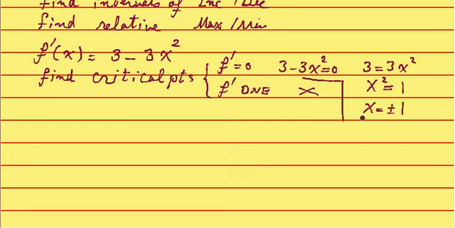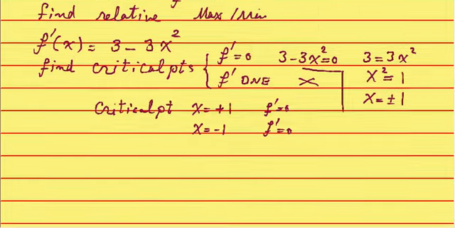I found 2 points. These are my critical points. So I say critical point x is equal to plus 1, x is equal to minus 1. At both of these, the derivative became 0. I remember where they came from, this category or this category.